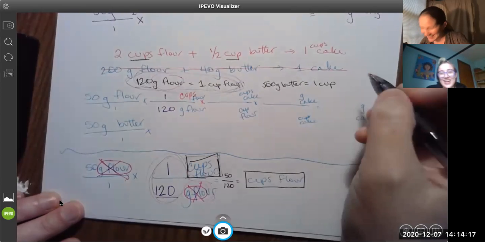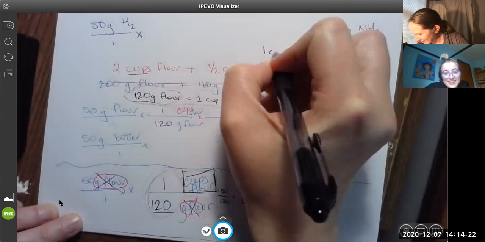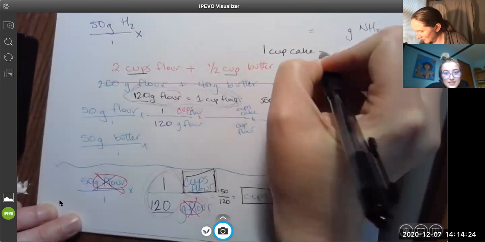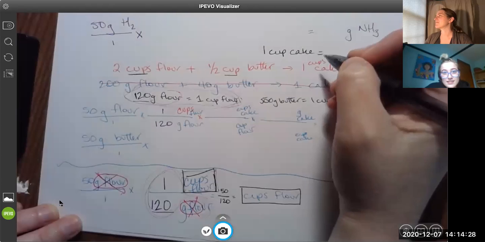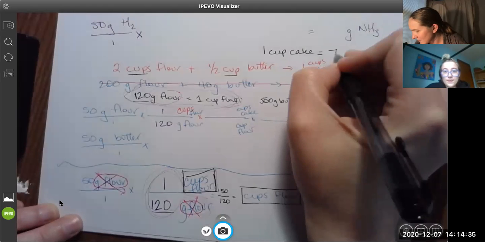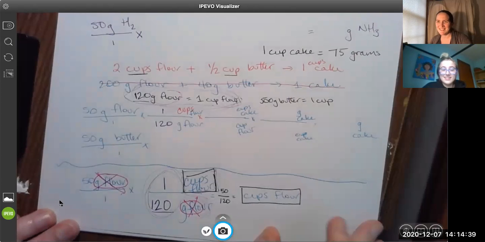I have no idea. That's cool too. Cake is like light and fluffy, right? So 1 cup is maybe, let's say 75 grams. Okay.